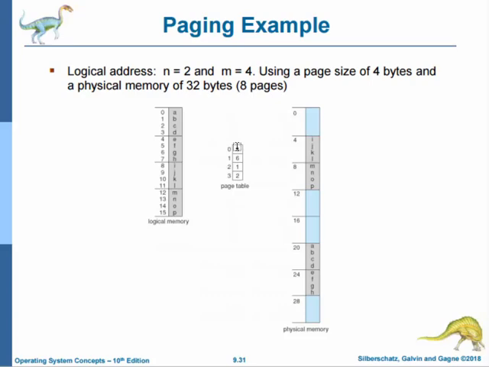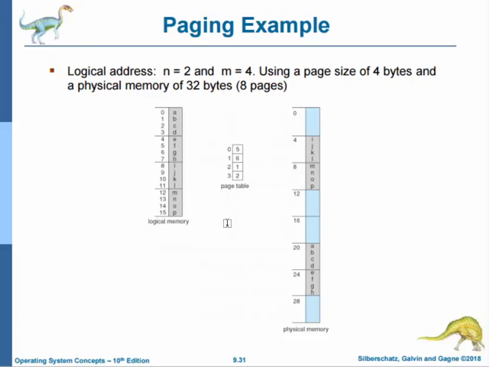Thus, logical address 0 maps to the physical address 5 multiplied by 4, because the page size is 4 bytes. So 5 times 4 plus 0 is equivalent to 20.